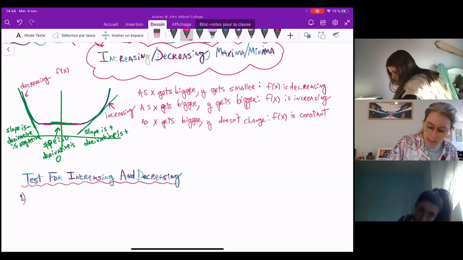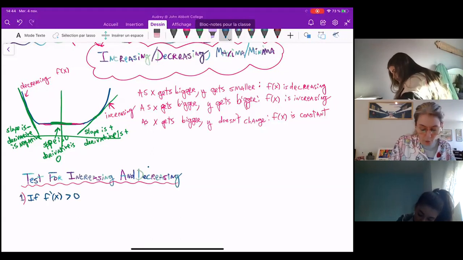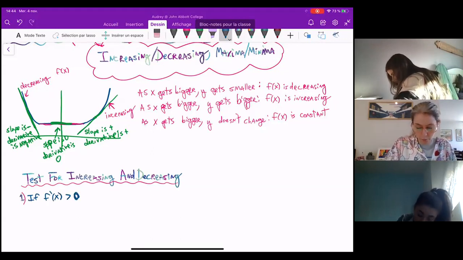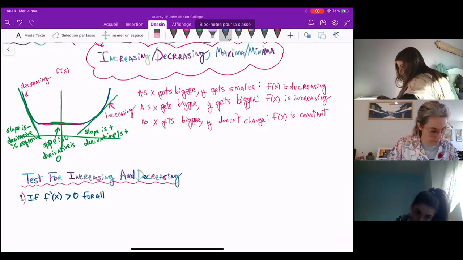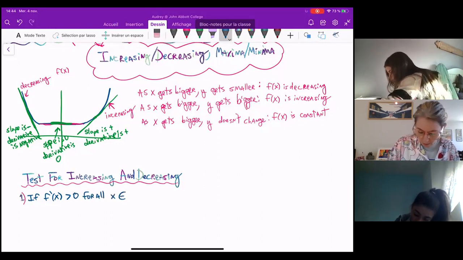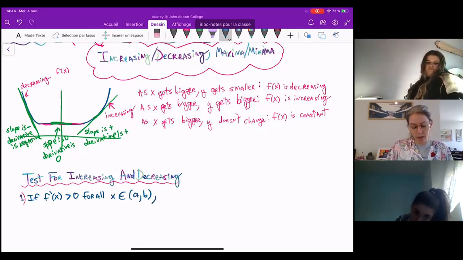The first is that if the derivative, so if f prime of x is positive, so greater than 0 for all x on some interval, then the function is increasing on that interval.